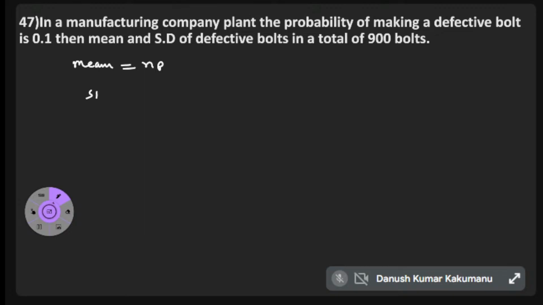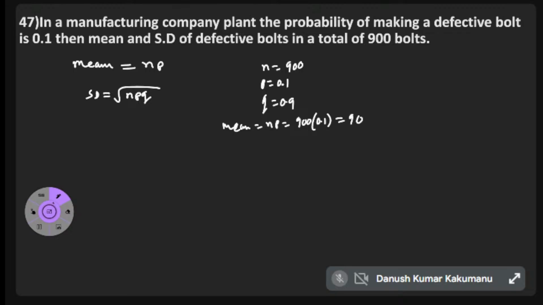What is the standard deviation? Root NPQ. Remember this formula. What is N here? N is 900 bolts. What is the probability of the defective bolt? 0.1. Q value? 0.9. NP is 900 into 0.1. How much is it? 90. Mean is 90.